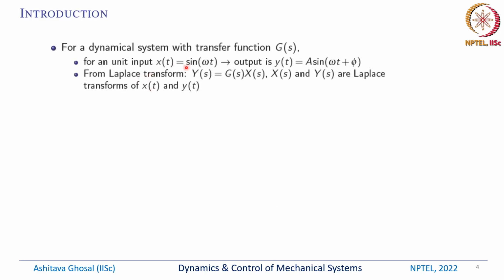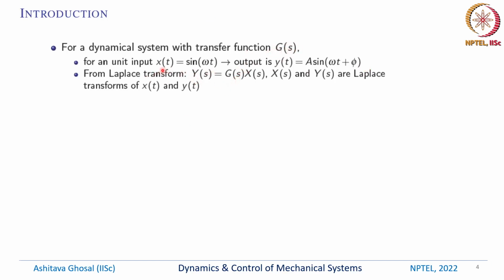So for a dynamical system with a transfer function G(s), if you give an input which is unity amplitude, x(t) = sin(omega t), the output y(t) is A sin(omega t + phi).